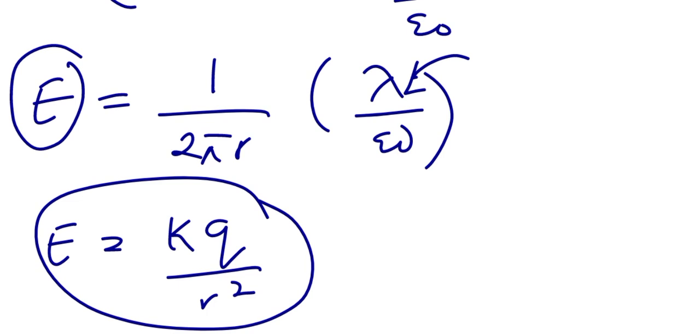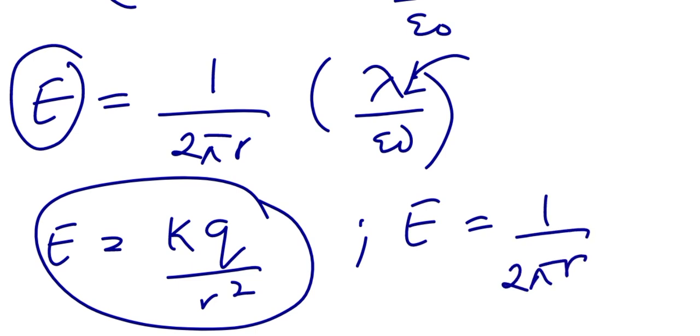So in essence, using Gauss law, whenever we are asked to calculate the electric field due to a uniformly charged infinite thin wire, the electric field is equal to 1 over 2 pi R times lambda over epsilon naught. That's the proving for it.